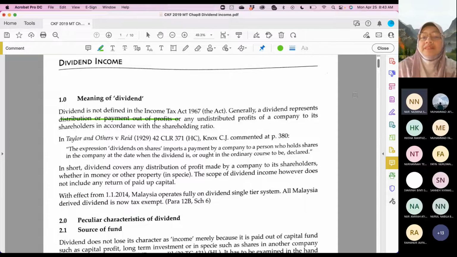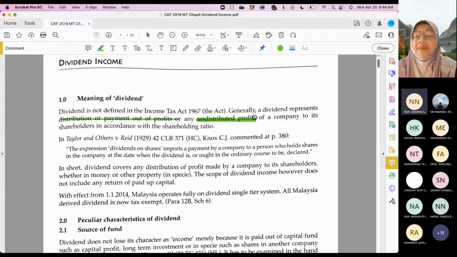The payment is out of their undistributed profit. In accounting, in your statement of comprehensive income or profit and loss account, from your income minus all expenses, you have profit for the year. And this profit will go into what we call retained earnings, which is the income that is undistributed.